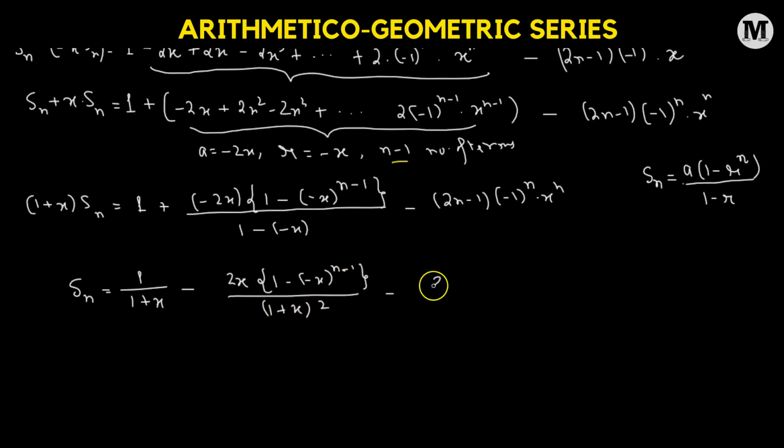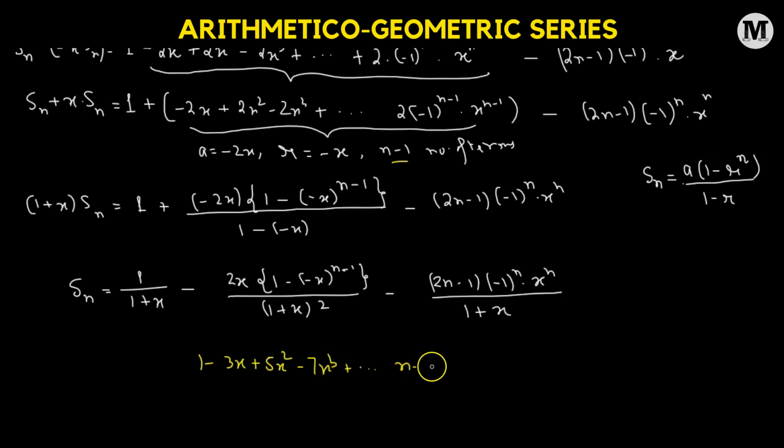Minus 2n minus 1 times negative 1 raised to the power of n times x raised to the power of n, whole divided by 1 plus x. So this is going to be the sum to n terms of the arithmetico-geometric series, which is given by 1 minus 3x plus 5x squared minus 7x cubed all the way up to the n number of terms, or we can say the nth term. Now that's the sum.